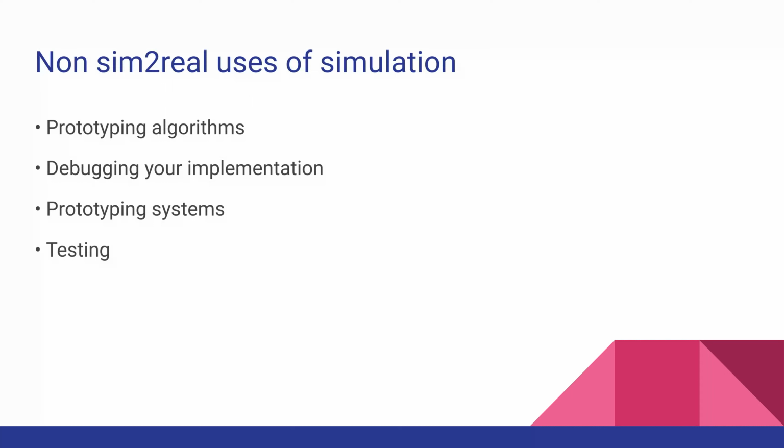Also, if you want to debug some of your implementations, generally it is a good idea to first implement it in simulation, so that you can see if there are some errors in your actual code or your implementation. Plus you can also study prototyping the systems, and test it on the simulations first.